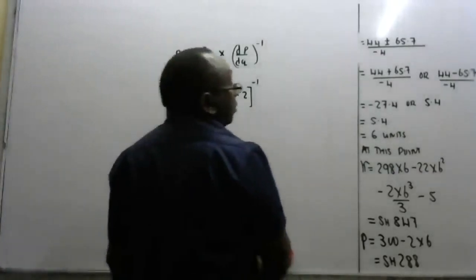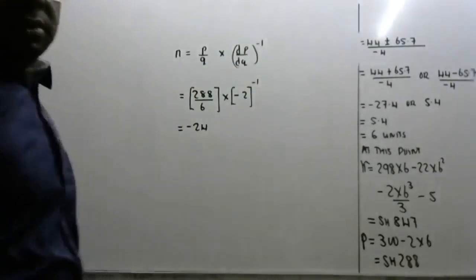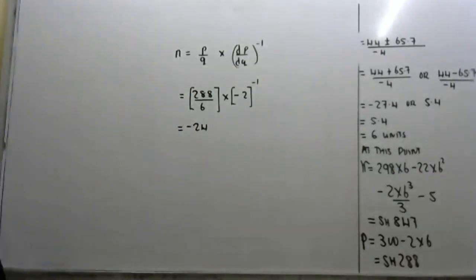I have a question. Will you mind explaining why we are getting the N, the last function, N equals P over Q times?